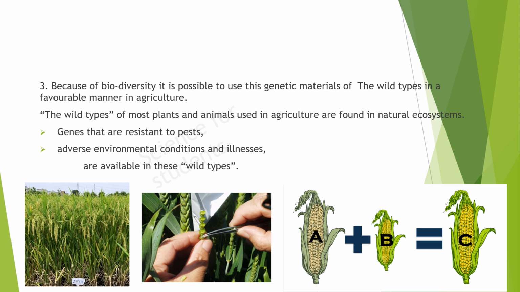So we can use these genes to make more favorable plants that can persist in the environment without being destroyed during drought or flood, and that are resistant to pests. This is because of biodiversity.